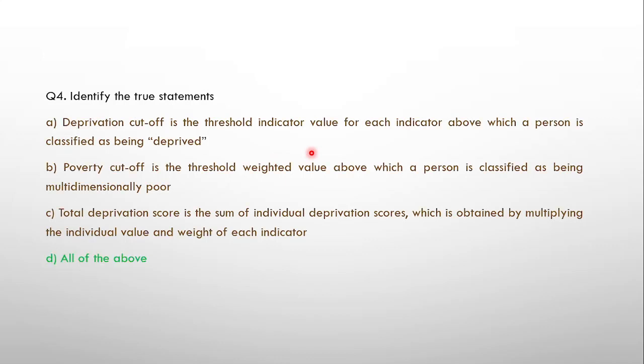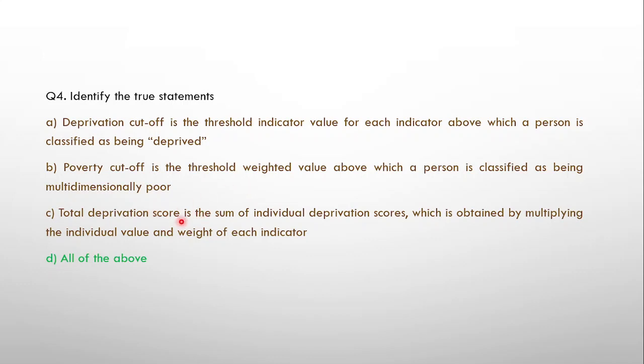If you cross that threshold, like if someone has lower than that, it does not have to be above. For some indicators it's above, for some it's below, so I will change this wording. That's not an issue. So anyone below 6 years of schooling is considered deprived. For the poverty cutoff, you have that 0.33 value, and if you cross that threshold into, let's say, 0.35 or 0.36, then you are multidimensionally poor.